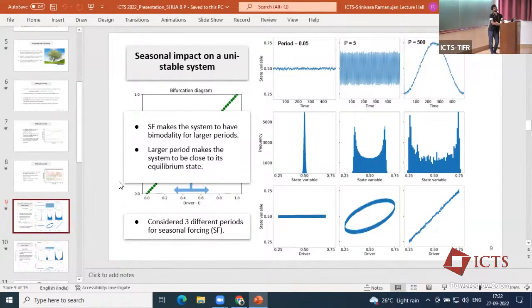Have you given the seasonality perturbation in one parameter or all parameters? A particular parameter, the driver, yeah, in one parameter. That means after giving this perturbation, you have calculated this value.